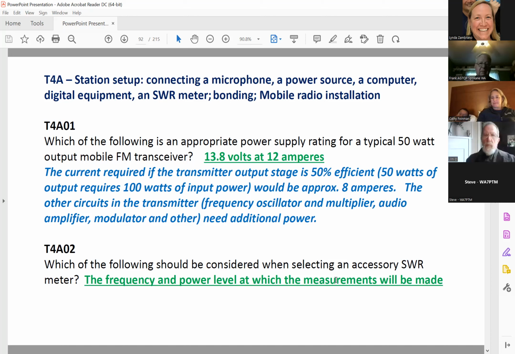That is a magic number. That is the ideal voltage for amateur radios. And then you have the amps, and that'll depend on the output power. Actually, if you multiply the 13.8 volts times 12 amps, it comes out to be a lot more than 50 watts, because you have to have power in the radio just to be able to do its work.